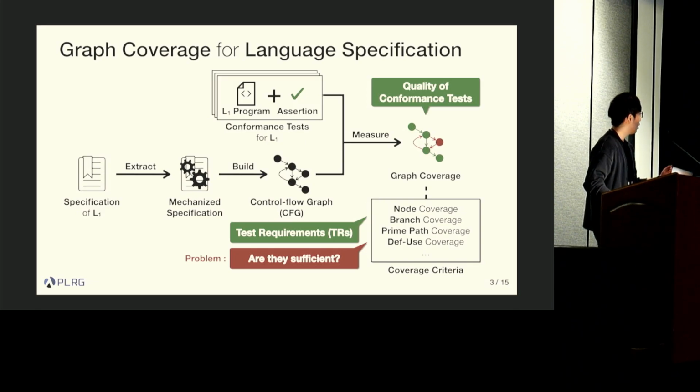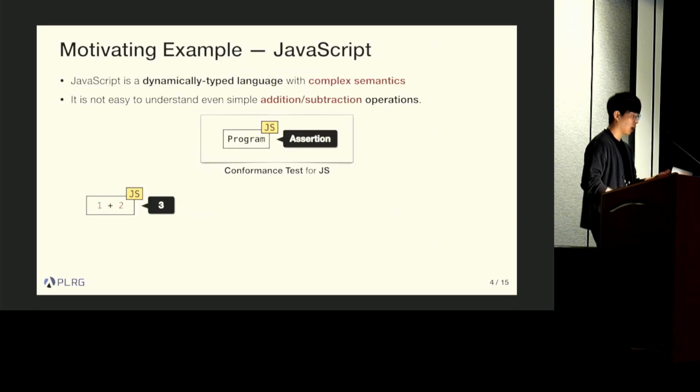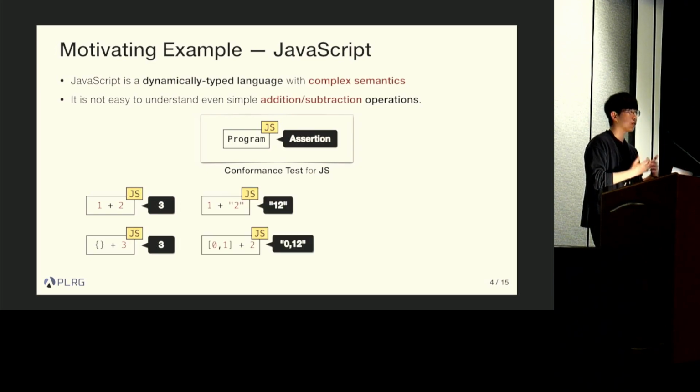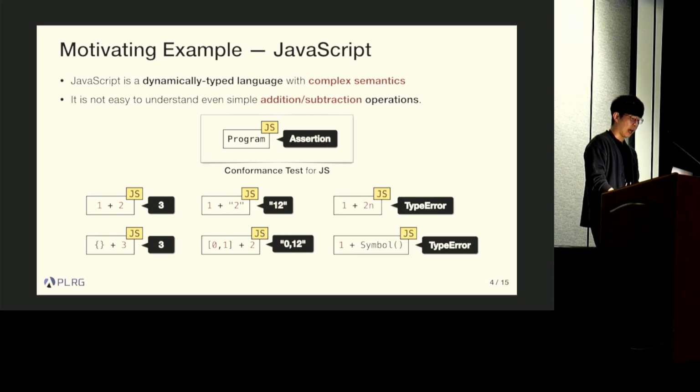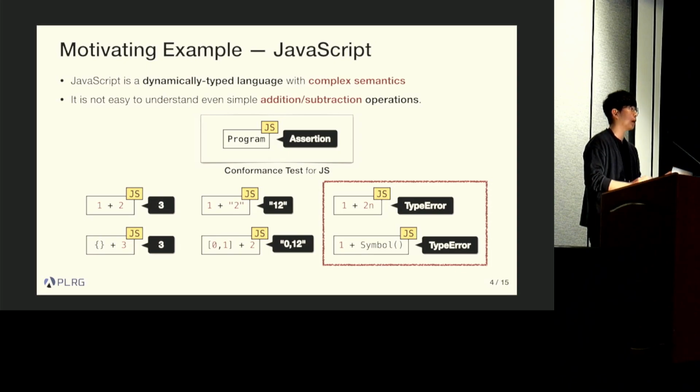For example, in the traditional way, we can add some numbers like this, or we can add even different types of values like this, an object with numbers, or it sometimes returns string values rather than number values. And sometimes it throws a runtime type error in certain conditions. I will use these examples to explain why existing coverage criteria are not enough for this problem.